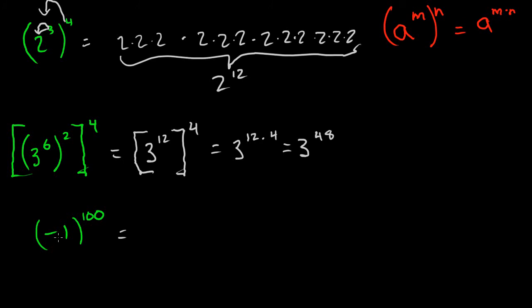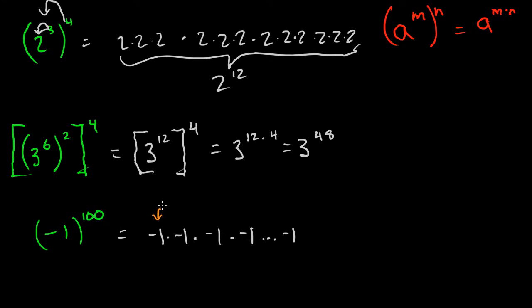In the last example, (-1)^100 is a very common question to ask with exponents. And because we have -1, we have to picture -1 being multiplied by itself 100 times. Well, let's think if we notice a pattern. -1 times -1 equals +1, times -1 equals -1, times -1 equals +1.